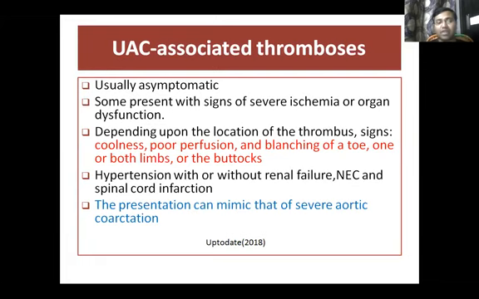Most again can be catastrophic, with signs of severe ischemia to organ dysfunction. Again they come with coolness, poor perfusion, blanching of the toes and the limbs, even the buttocks. So in the next slides I will tell how to monitor these cases. Hypertension, they can develop with or without renal failure, NEC, and spinal cord infarction.